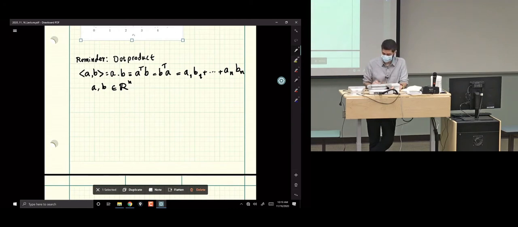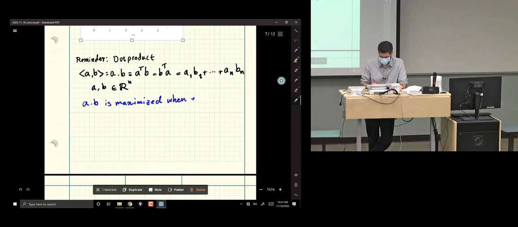so this is very important. The dot product is maximized when two vectors are parallel or aligned.